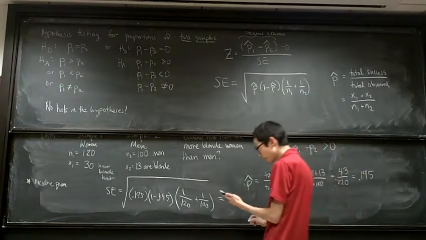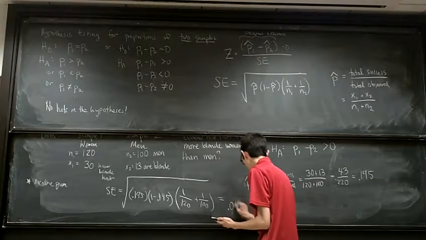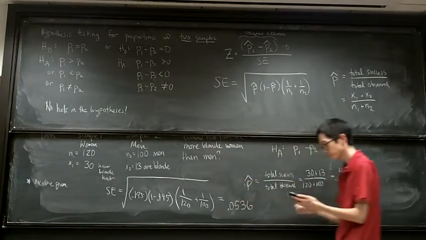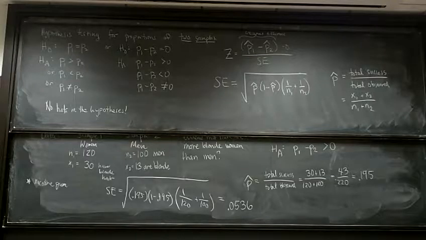I get 0.0536. On these kind of calculators, can you put everything in once? Yes, you can. How do you put 1 over 20? 0.0536.